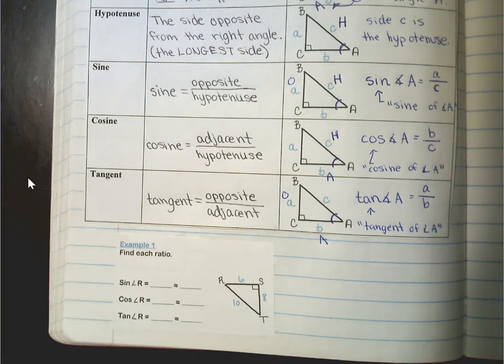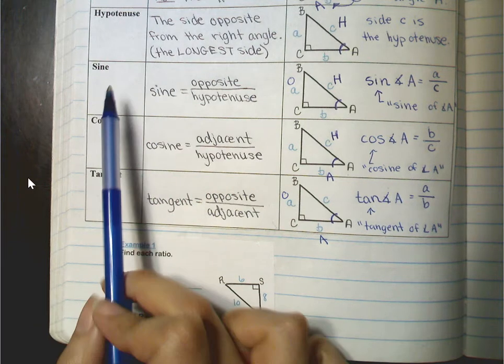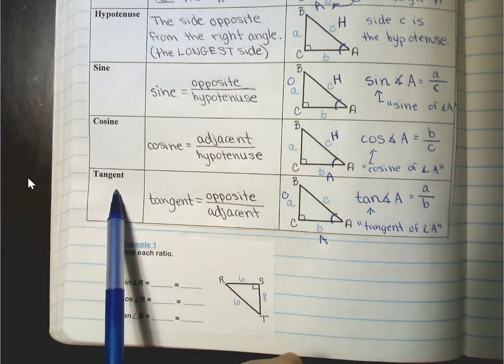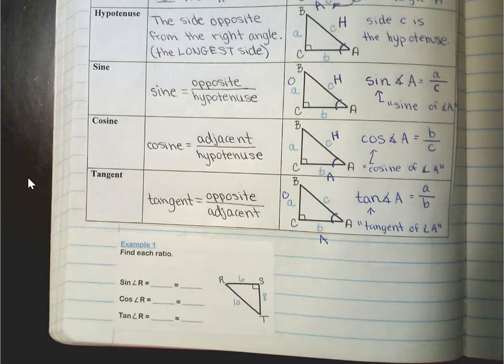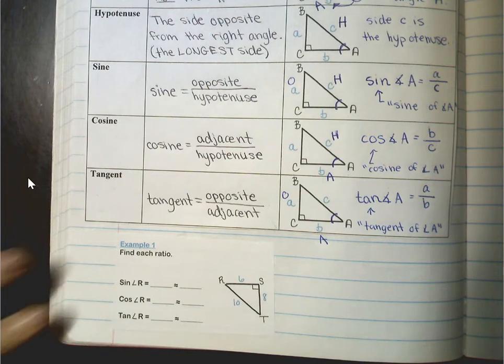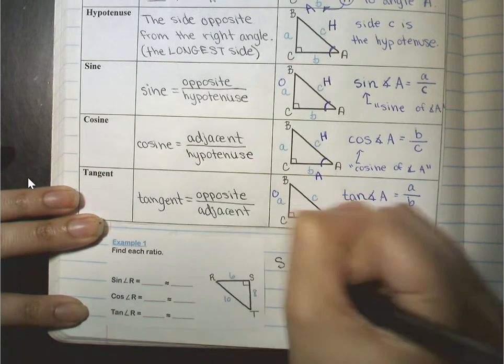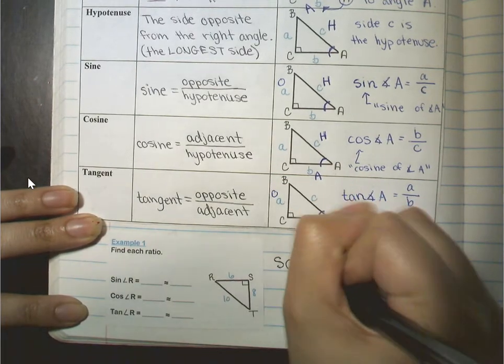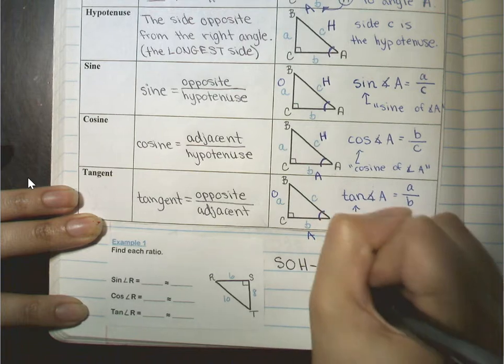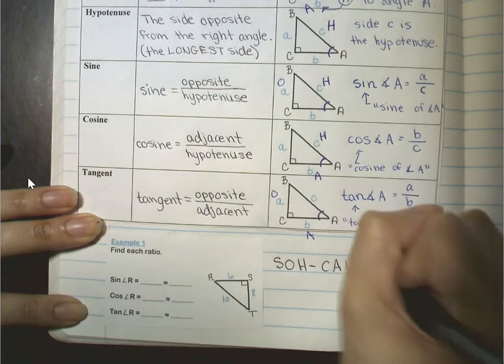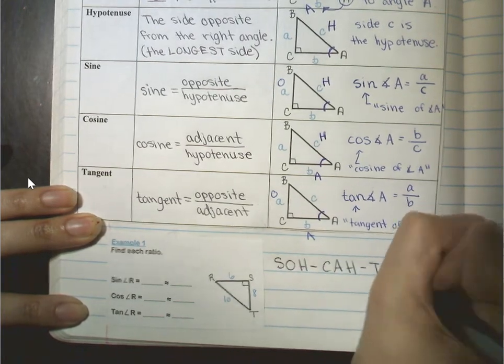There's an acronym that we use a lot in geometry, and whenever you move on to trigonometry, that helps you remember the three functions: sine, cosine, and tangent. The acronym I'm going to give you guys is SOHCAHTOA. I'm going to write it out right here next to the example.